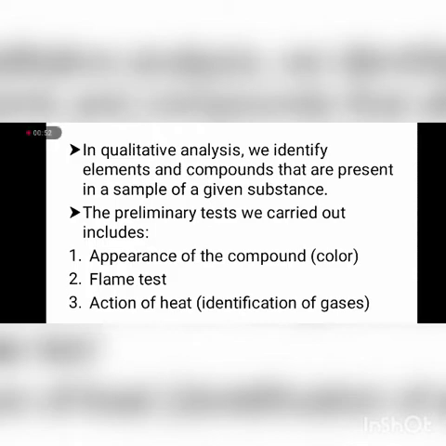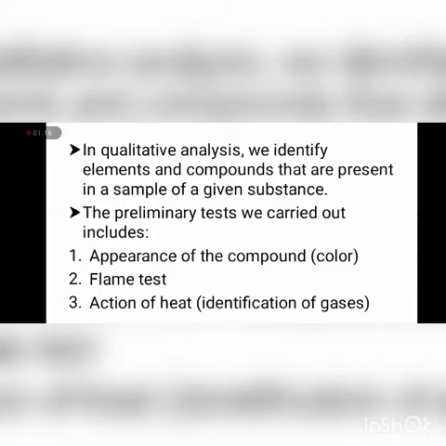We look at the appearance of the compound. From the appearance or color of the compound, we can determine a particular substance that is present. From the flame test of the compound, the color that is given by the flame, you can even determine the unknown compound in that particular sample.